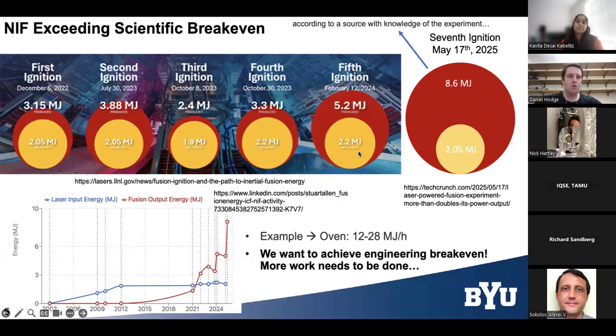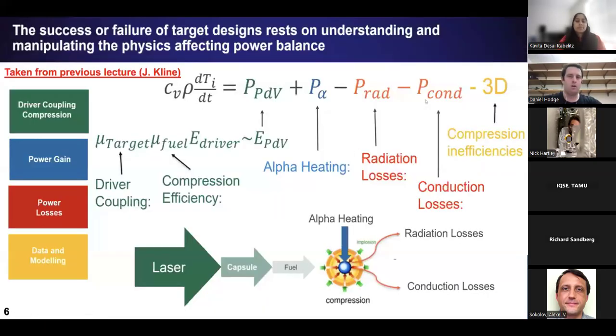And so, in order to do that, I borrowed a slide from a couple months ago from John Klein. I appreciate his emphasis and him showing this slide. There's a lot of factors that can be considered in order to increase the power or energy yield output. But in particular, what I'm focusing on today is this 3D compression inefficiencies, the very right-hand side of the equation.